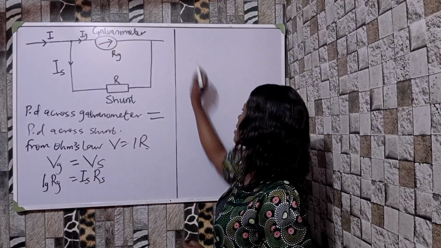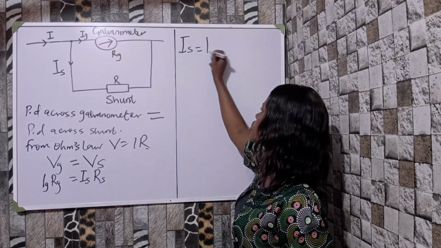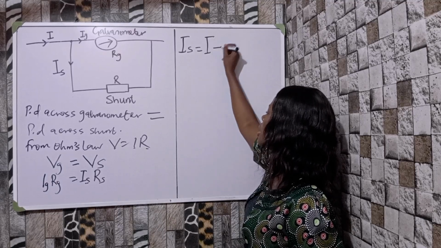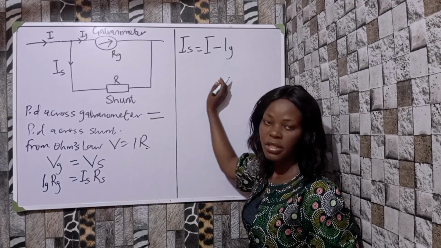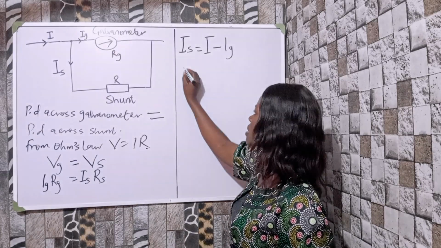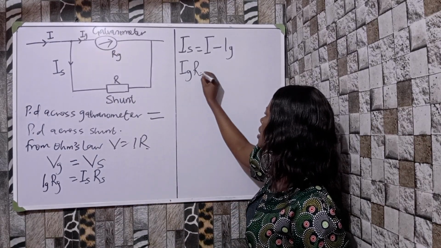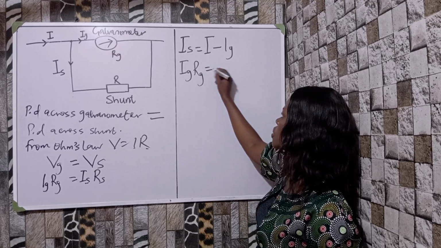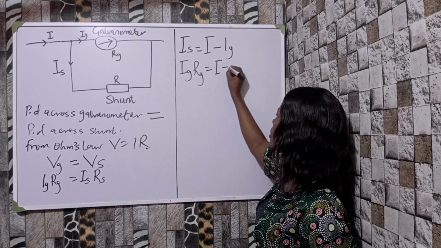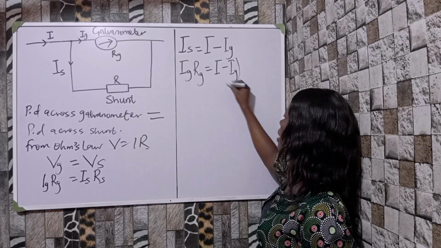Okay, so I can say that current of the shunt is equals to the total current flowing minus current of what? The galvanometer. Is that okay? So we can otherwise say that what? This is Ig Rg is equals to I minus Ig, then bracket what?